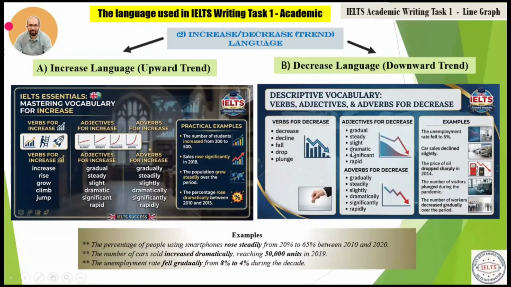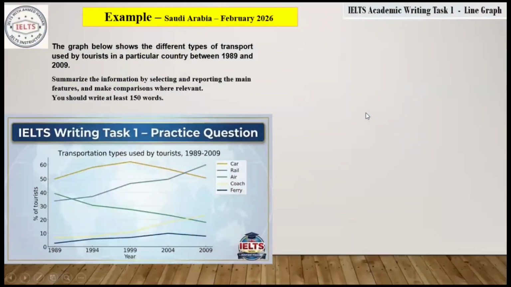Let's move to our example today. We will write about the line graph. A line graph question will be like this. We will see a graph which has lines and two axes. Who can read?